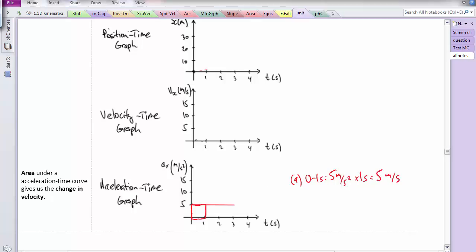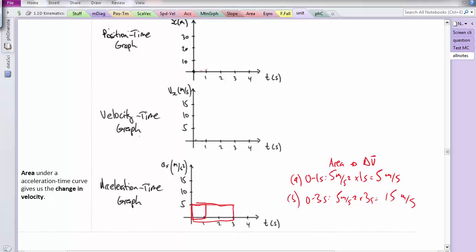If I look at the area between 0 and 3, 5 meters per second squared is the height, times 3 seconds, is 15 meters per second. So the area is giving us the change in velocity.